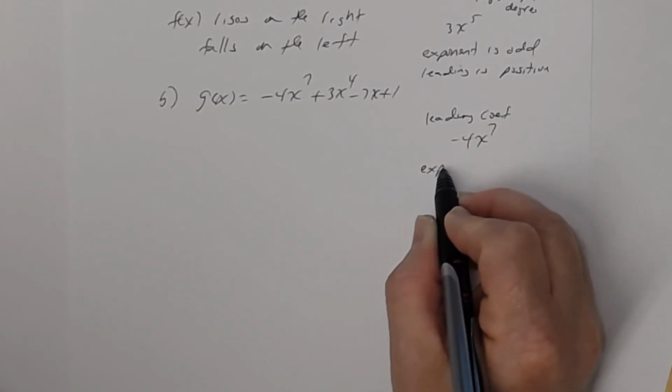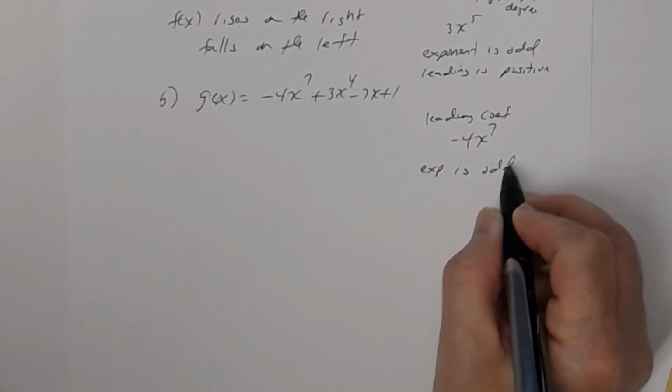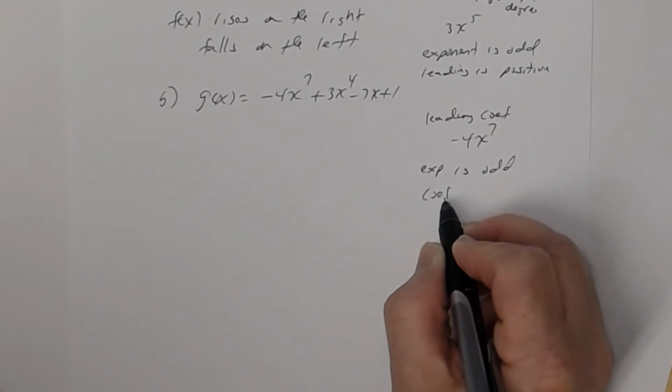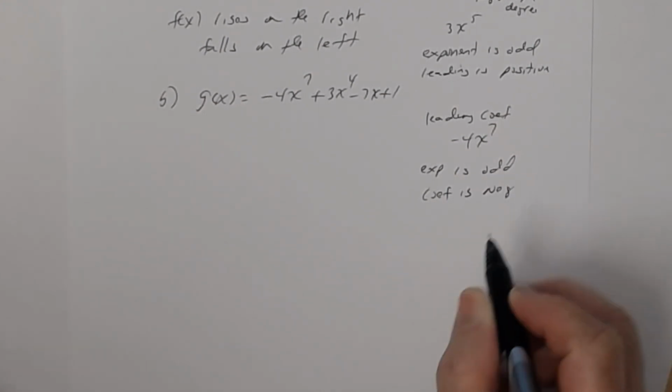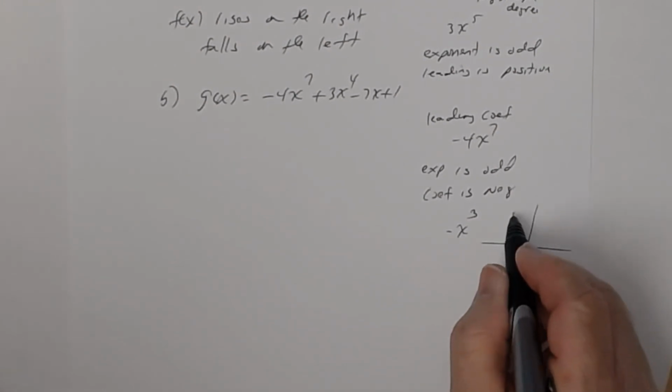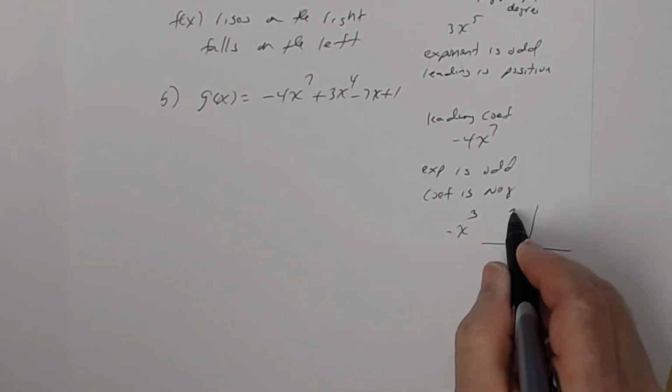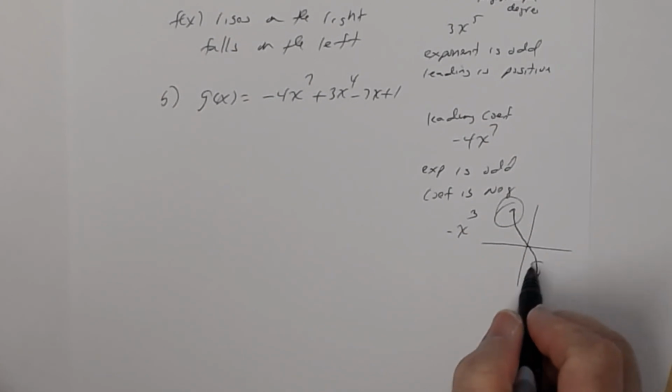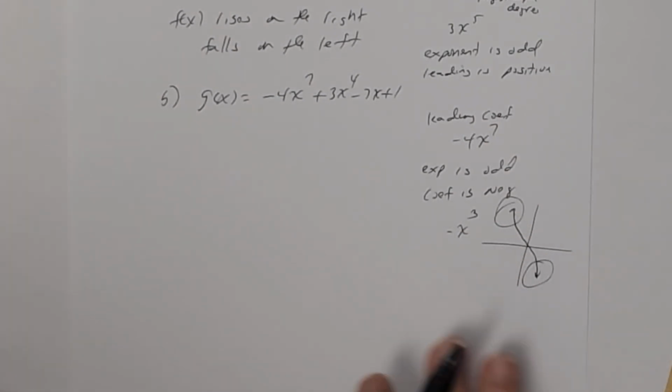The exponent is odd and the leading coefficient is negative, so think about negative x cubed. Remember, negative x cubed rises on the left and falls on the right.